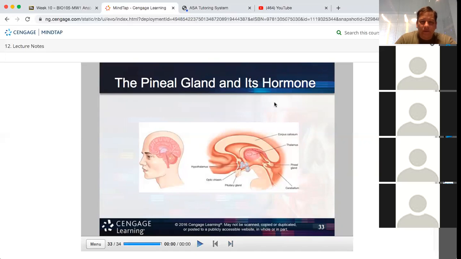The pineal gland is located right here, this structure near the back of the brain, on top of the cerebellum, next to the thalamus. This structure is the pineal gland.